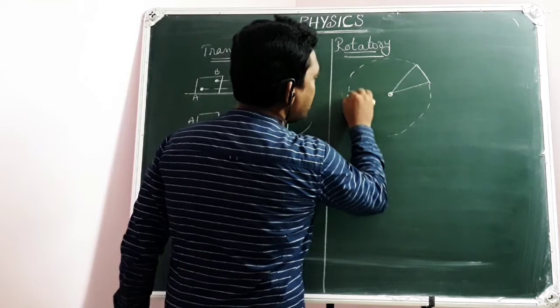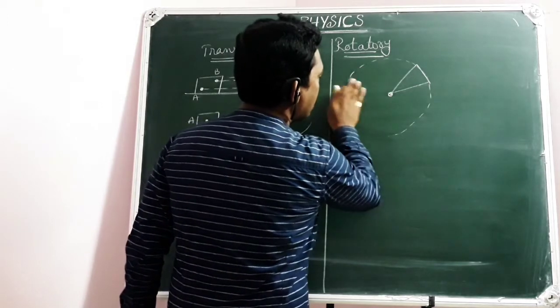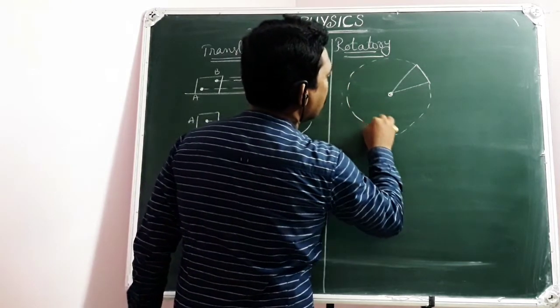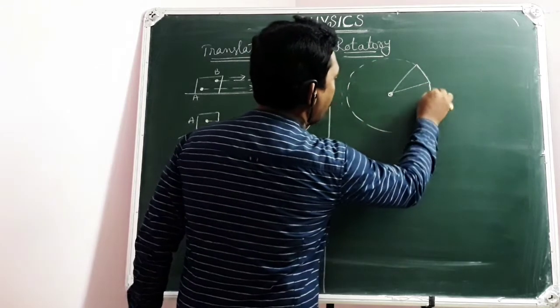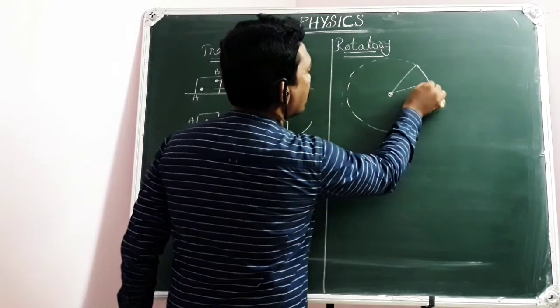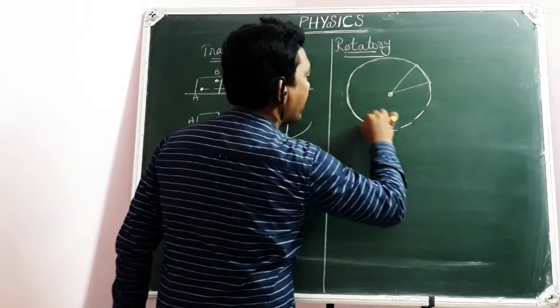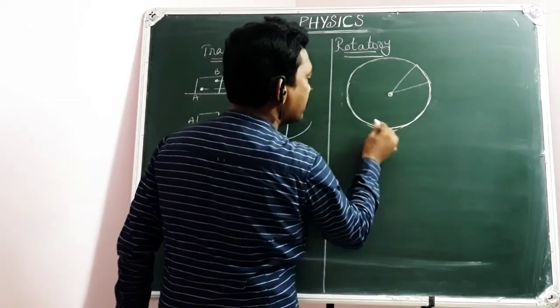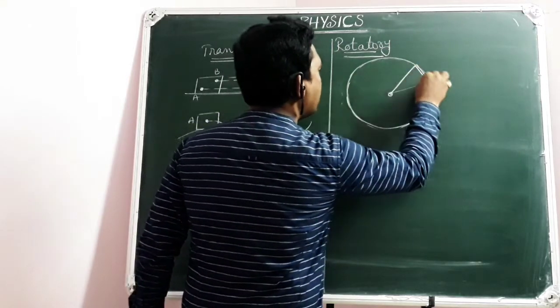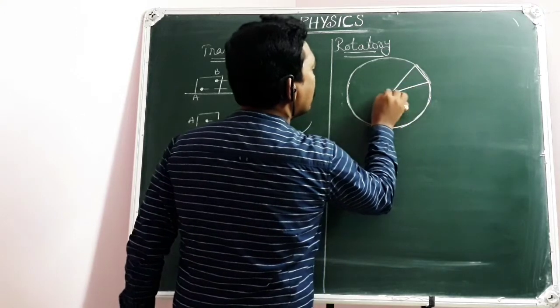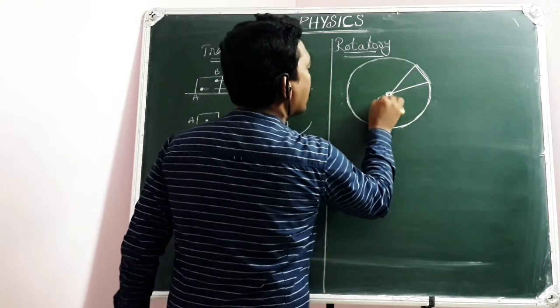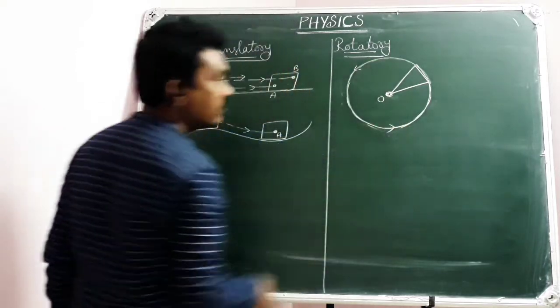The particle or the body is moving along a curved track around a fixed point, for example, the wing of a fan.